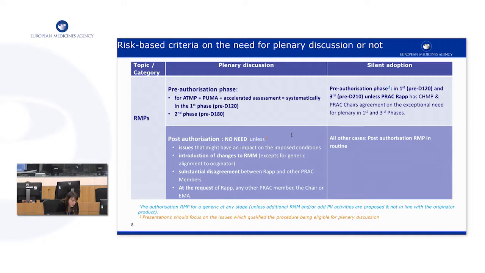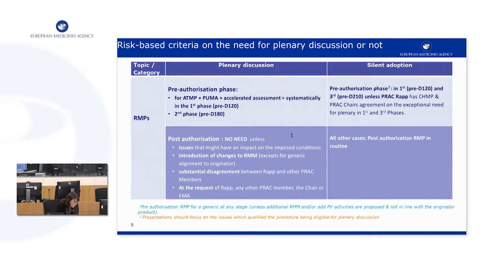The CHMP and PRAC chairs can be consulted to agree on exceptional cases to go for a plenary discussion at that phase. So please, if there are some major pharmacovigilance or risk minimization measures that are agreed in the last steps of the procedure, please consider involving the PRAC, but it will be only on request.